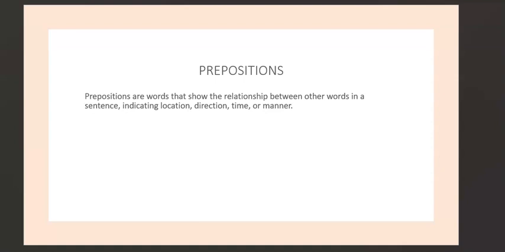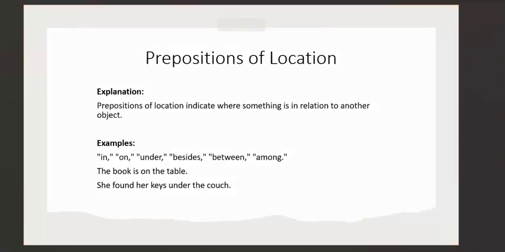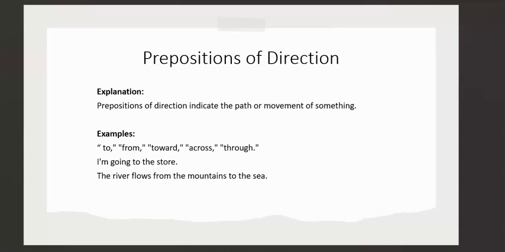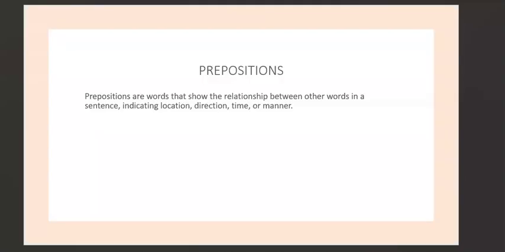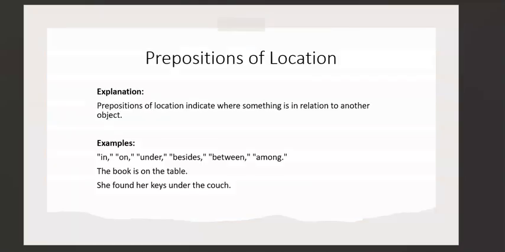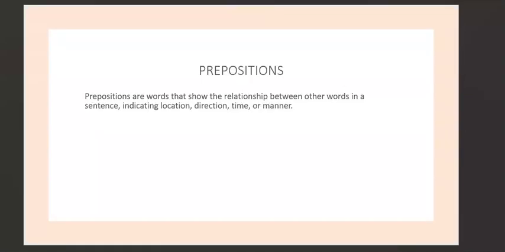Again, just like the other parts of speech, prepositions can also be given in types, okay? But before we look at many examples, let's focus on explaining these prepositions. Prepositions show the relationship between words in a sentence, and it indicates their location, direction, time, or manner.